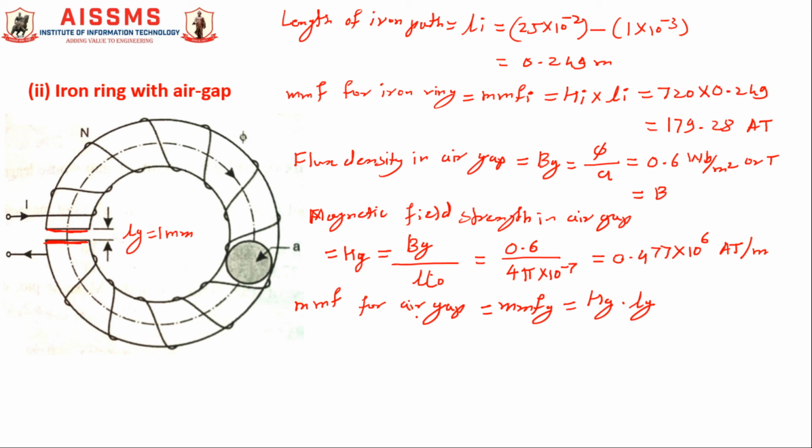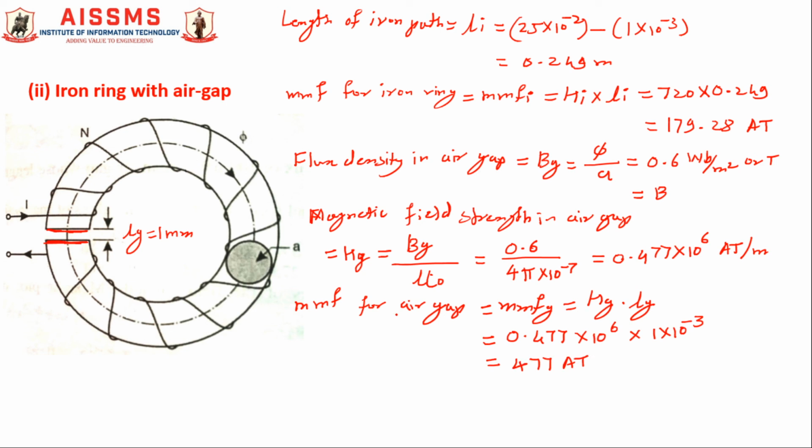So it is equal to 0.477 multiplied by 10 raised to 6, multiplied by length of air gap, 1 into 10 raised to minus 3. So it is equal to 477 ampere turns.